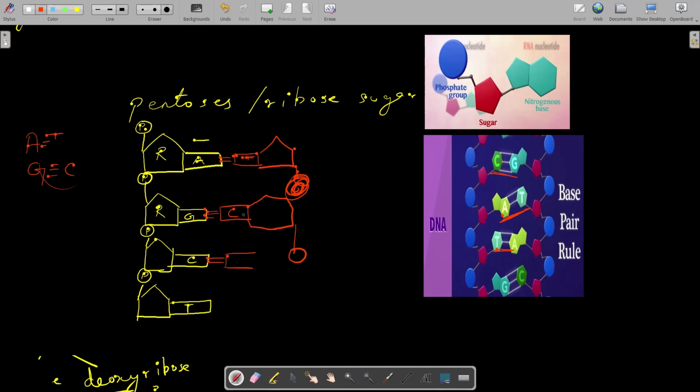This is how it makes a double-stranded molecule, with bases complementary to each other. So here it is C, so it should be G here, with triple hydrogen bonds. You will be learning about hydrogen bonds later on, not now.